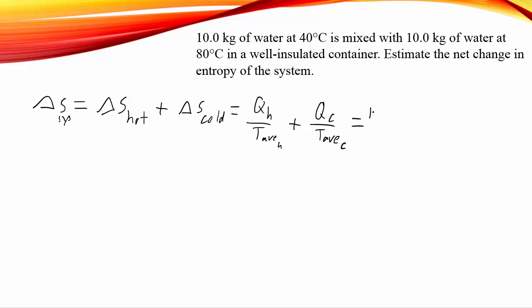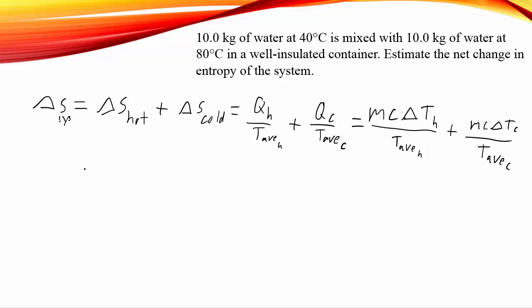So for each of these, we're going to do like we did in the first example, where we have MC delta T of the hot over average temperature of the hot plus MC delta T of the cold over the average temperature of the cold.